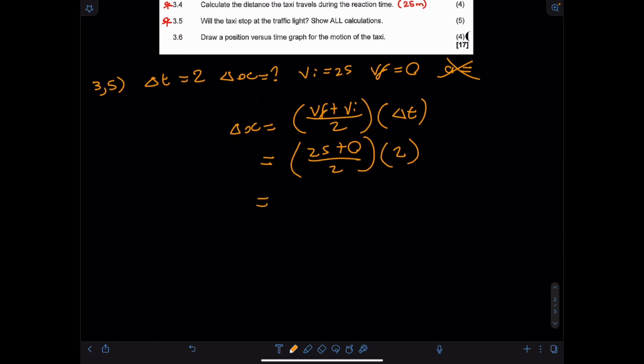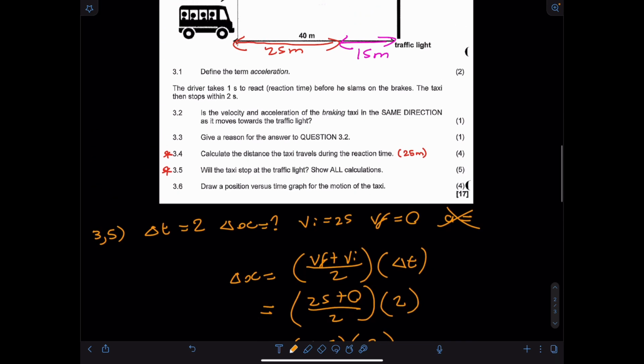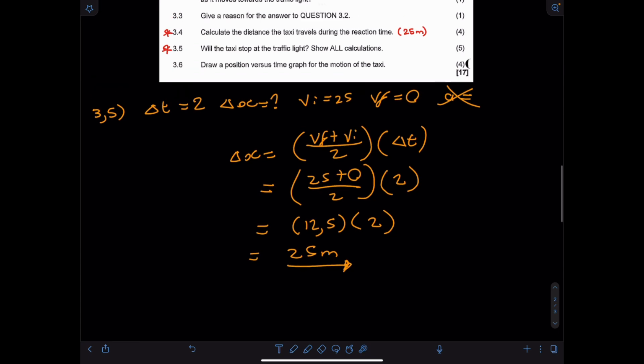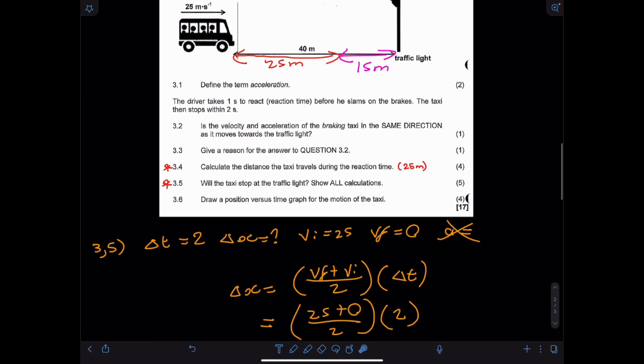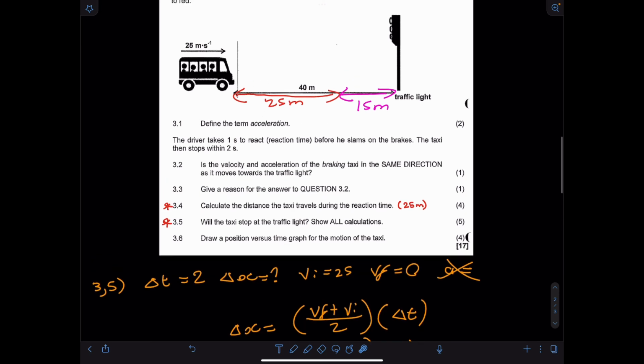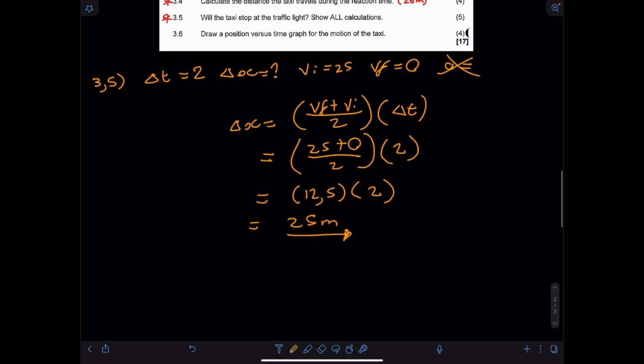So what is that going to be? 12.5 multiplied by 2, which is going to give you 25 meters as well, okay? As we can see here, the distance that the taxi travels after the reaction time is actually greater than the 15 meters. So what that means is the taxi is going to go past the traffic light, right?